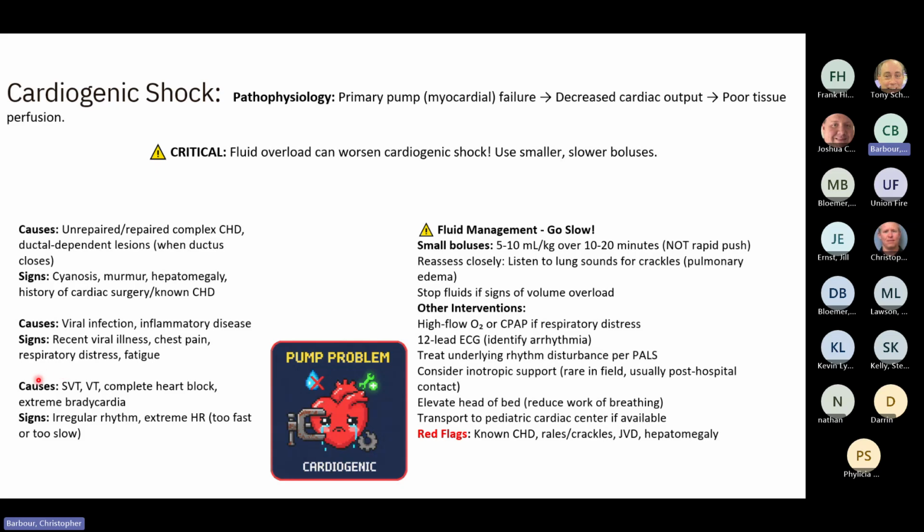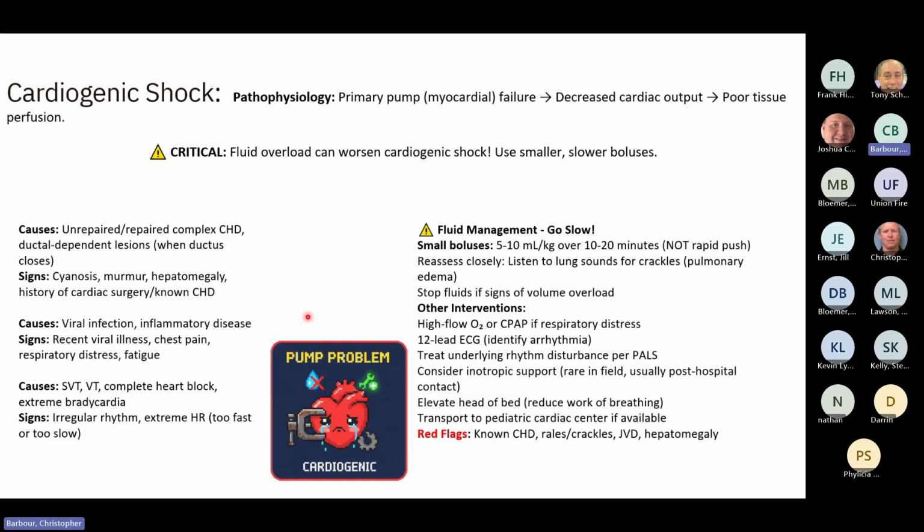So your SVTs, your VTACs, your extreme bradycardias, and heart blocks. This is something that especially in EMS, we're pretty good about fixing and knowing what to do about it. So I won't go into that too much. I think everybody knows how to treat a patient who's having some sort of cardiac rhythm problem.